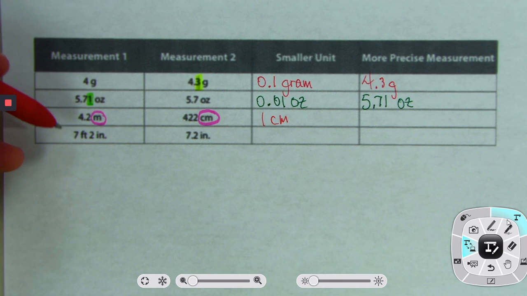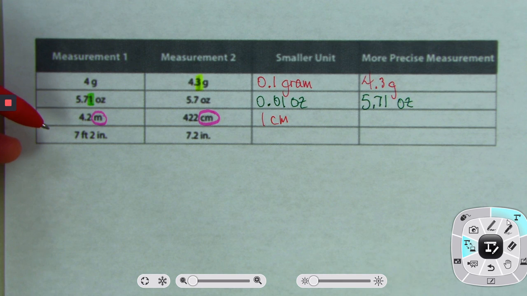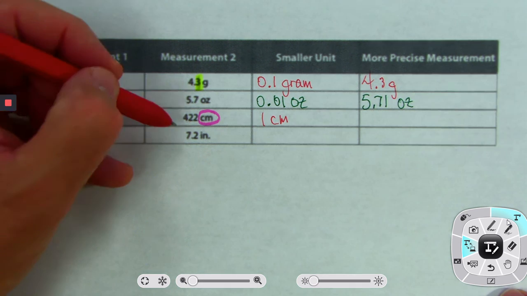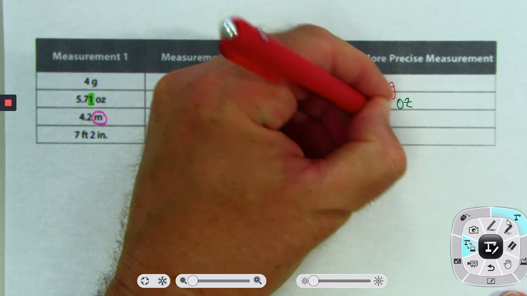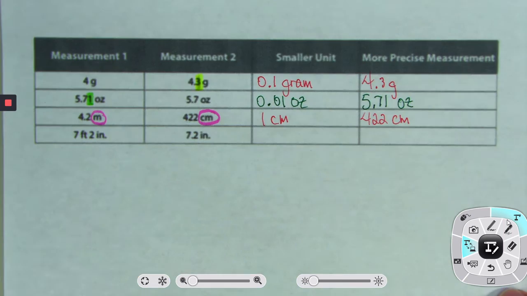So that means when I'm trying to determine the most precise measurement between 4.2 and 422, the most precise is 422 centimeters because I'm measuring with a lot smaller unit there. A meter is about a yardstick. It's a little longer than a yardstick. A centimeter is less than an inch. See how that's a much smaller unit.